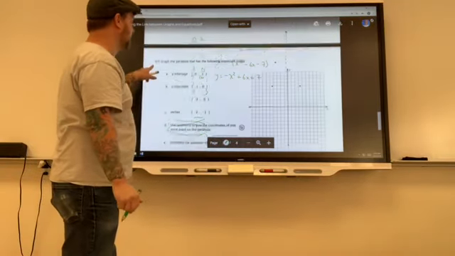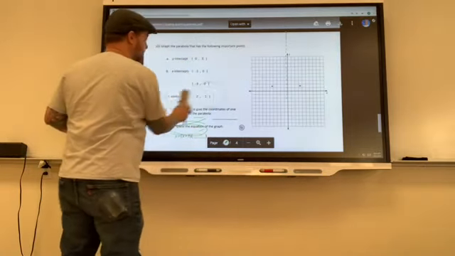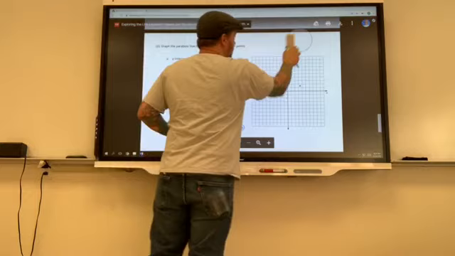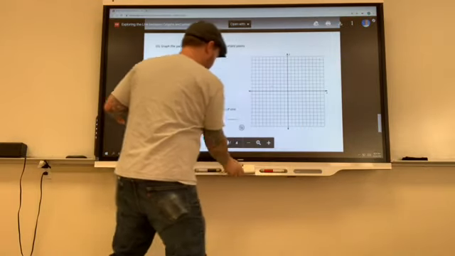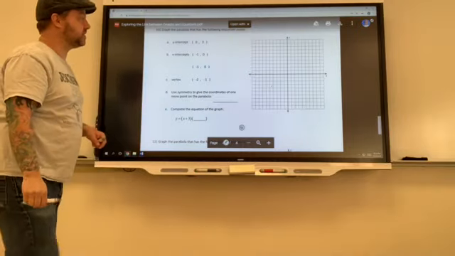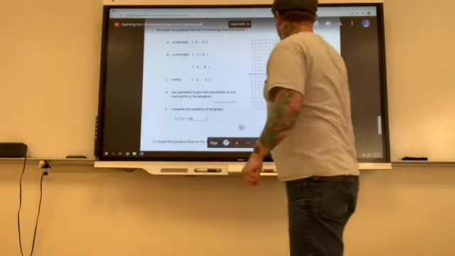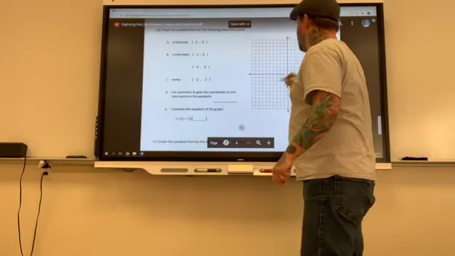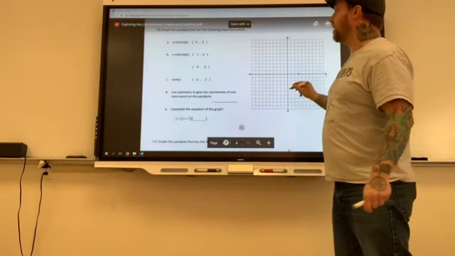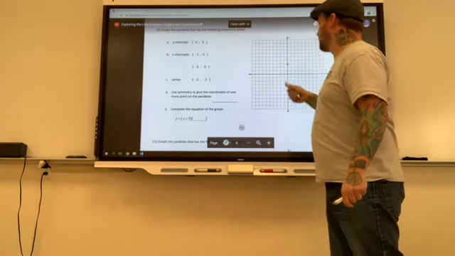Okay. Graph the parabola that has the following important points. Y-intercept (0, 3).